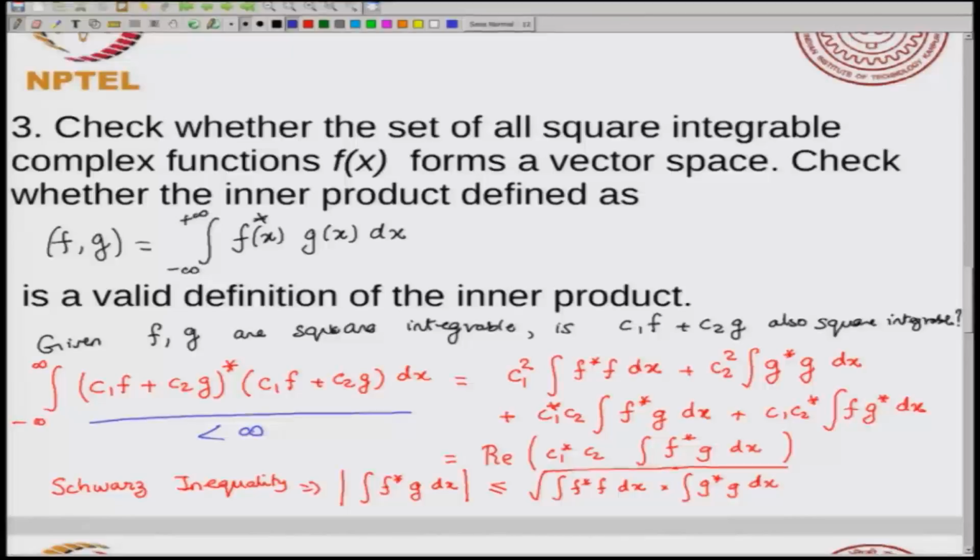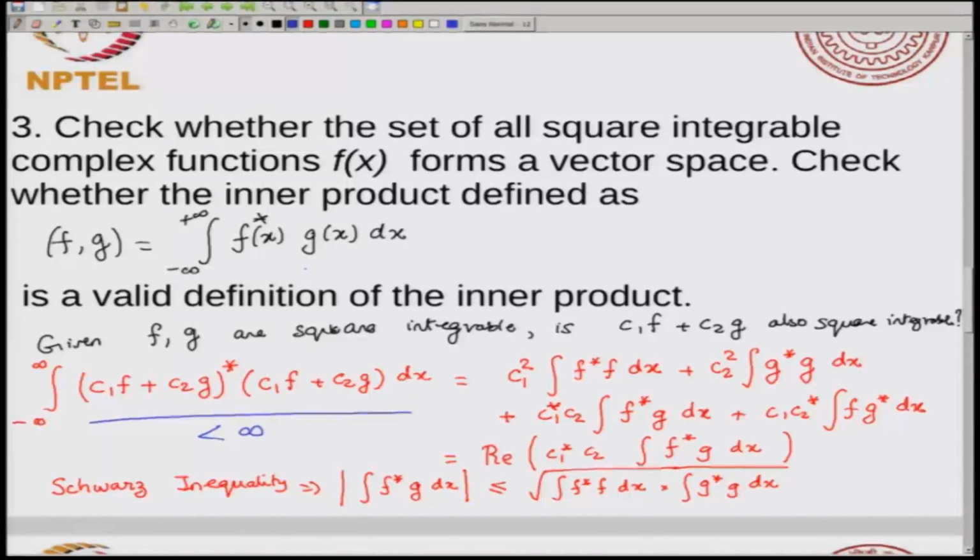Okay. So, with this you can basically show that this forms a vector space. Okay. Now, the next problem is to check whether the inner product defined this way is a valid definition of the inner product, and again you can show this easily.